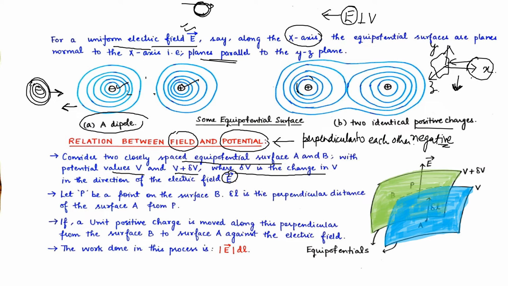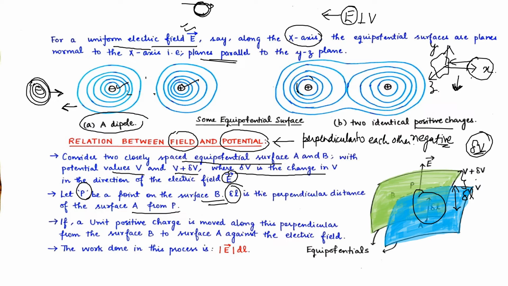So these are the two surfaces and the difference is del V. Now let P be a point on the surface B and del L be the perpendicular distance of the surface A from P. So this is the potential difference, and the length, how far apart these are, is given by del L. I have given it in the diagram, it is given by del L.